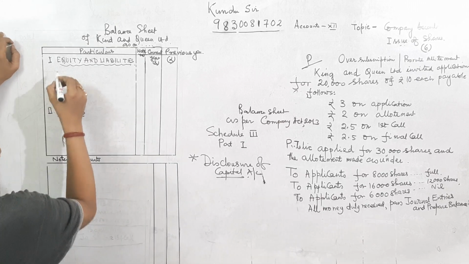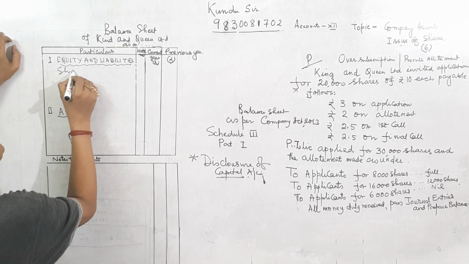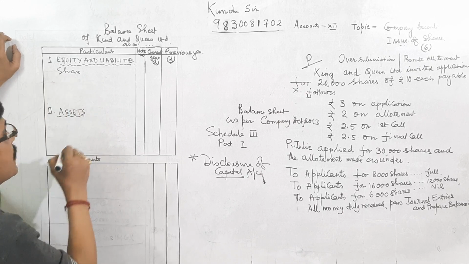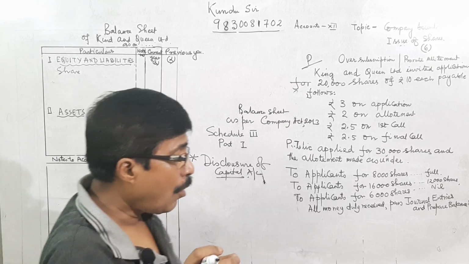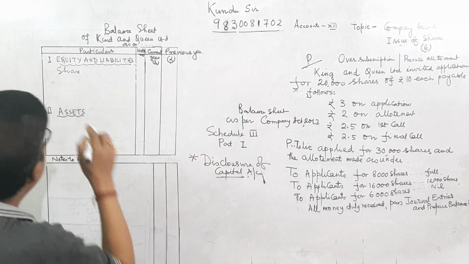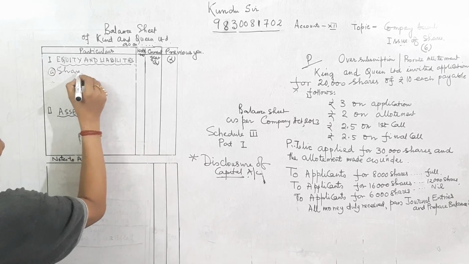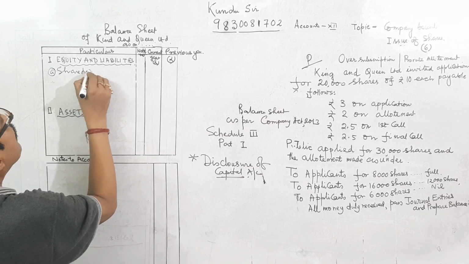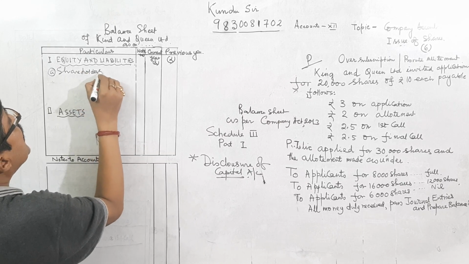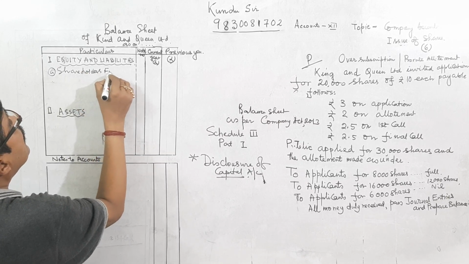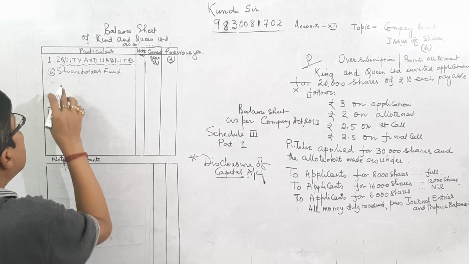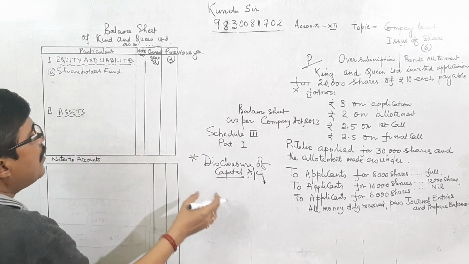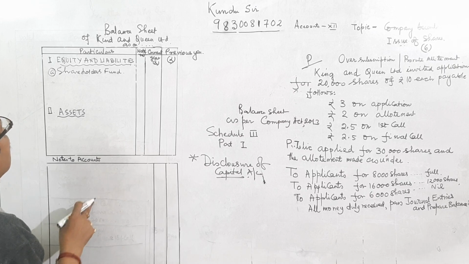First we should write here shareholders' funds. You can write it as A or B. Then the details will be available here.